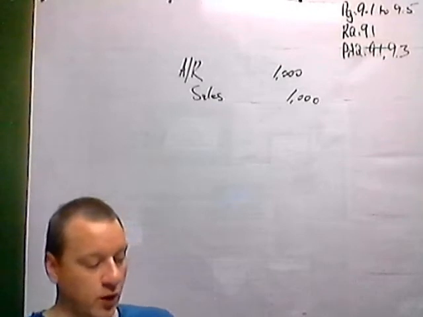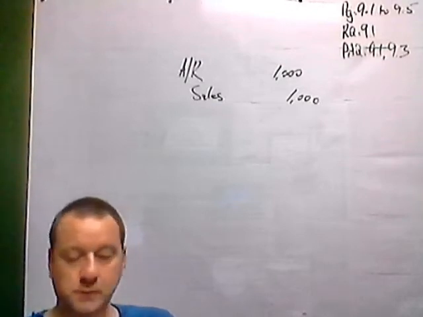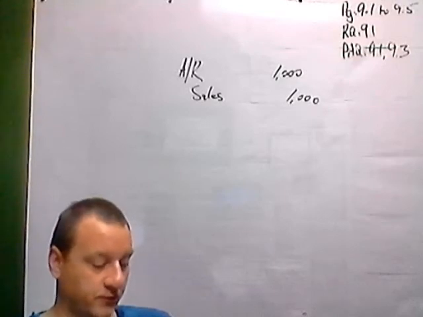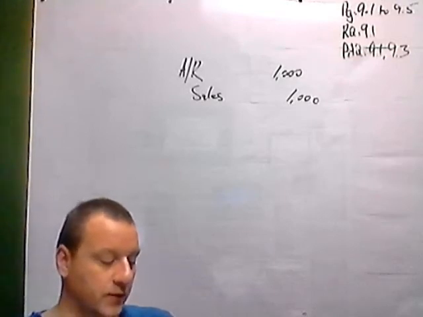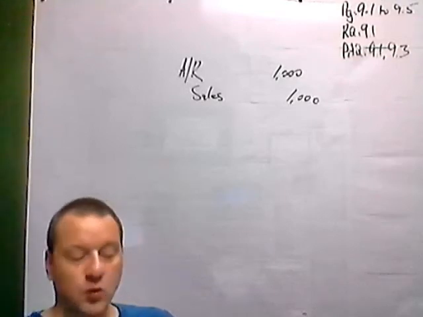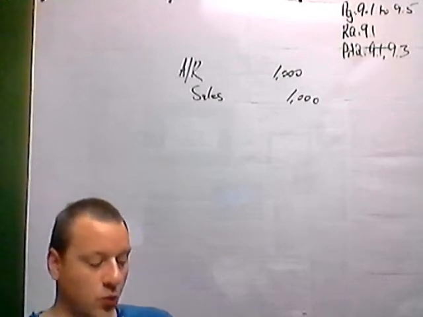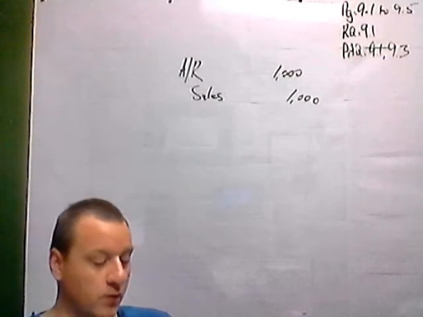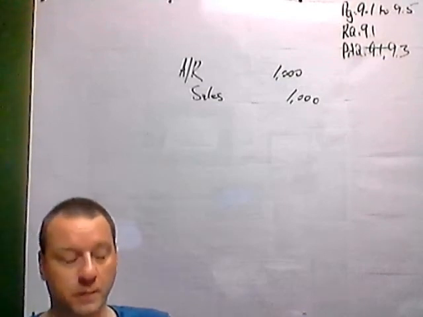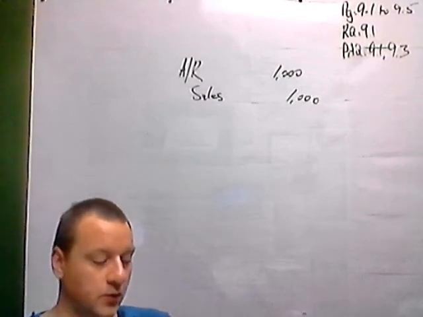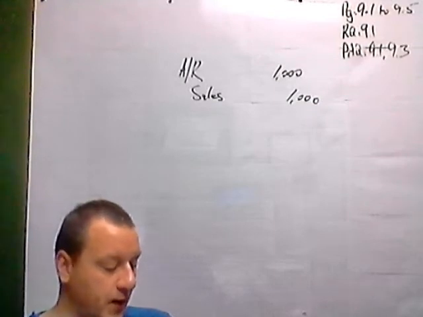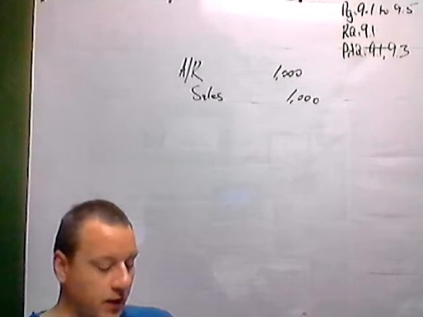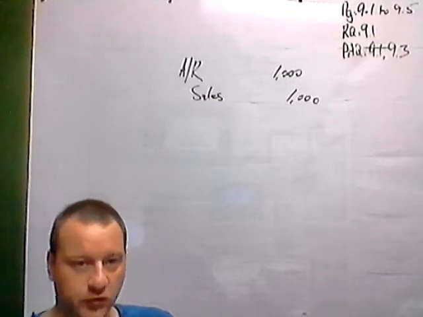We want to look at occurrence: did the sale actually take place? Completeness: were all the goods shipped to the customers during the period all recorded? We want to make sure we've recorded all our sales. Now, we want accuracy. And cutoff: did it occur in the prior period?